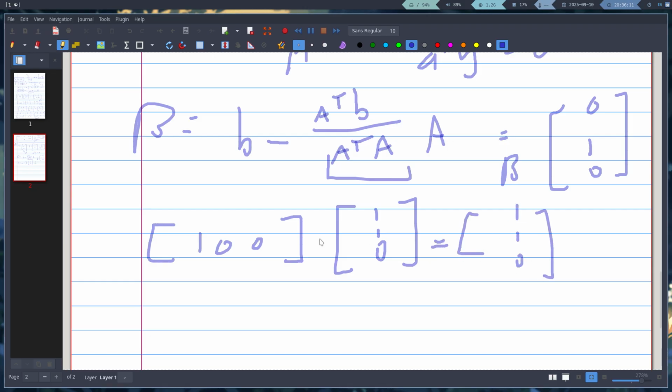You can look at this as a linear combination of rows or of columns, it doesn't matter. In this case, B is 1, 1, 0 minus the projection. Looking at it as a linear combination of rows, give me one of the first row, none of the second row, none of the third row, so it's 1, 0, 0. And you get 0, 1, 0. Fairly straightforward. So you got B.